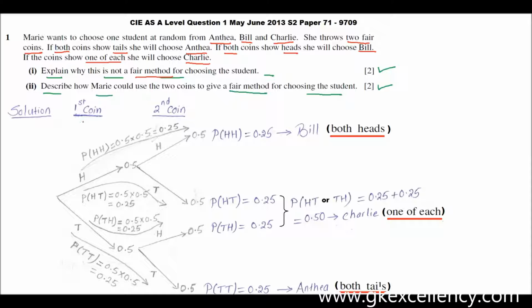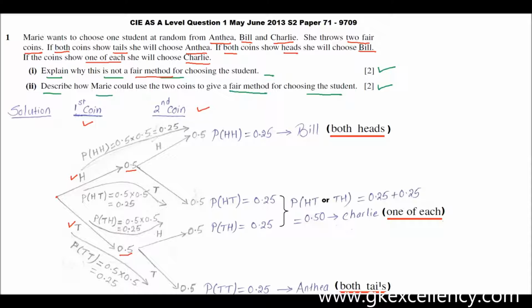This is my first coin and this is my second coin. The first coin, I am just throwing it here. Either you get a head or a tail. Because it's a fair coin, I get 50% probability of a head and 50% of a tail. So 50-50 here.